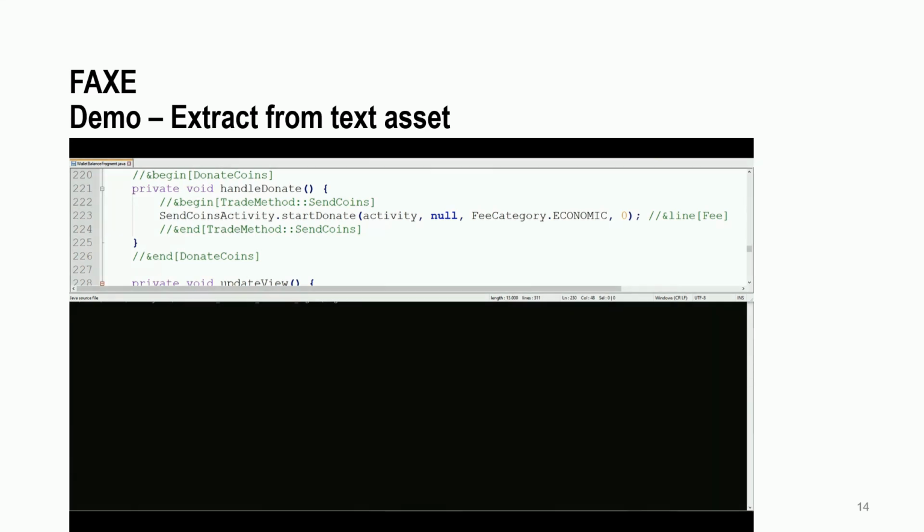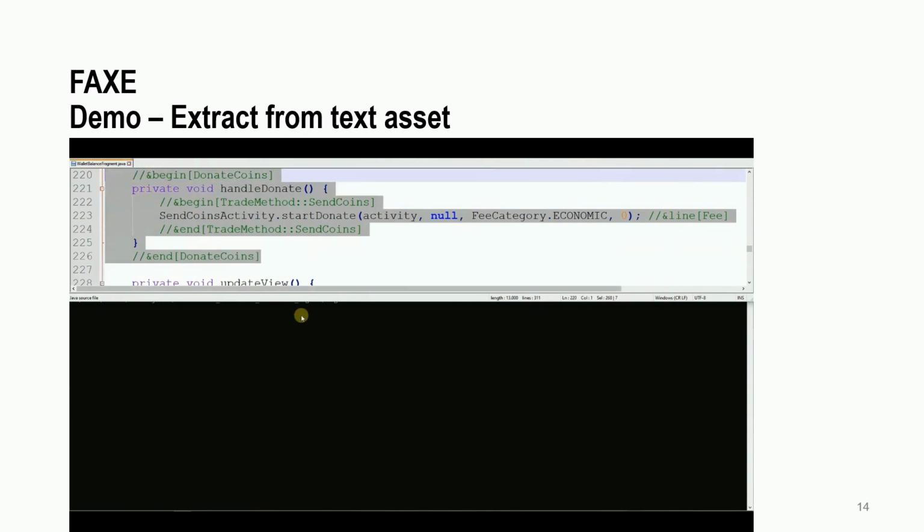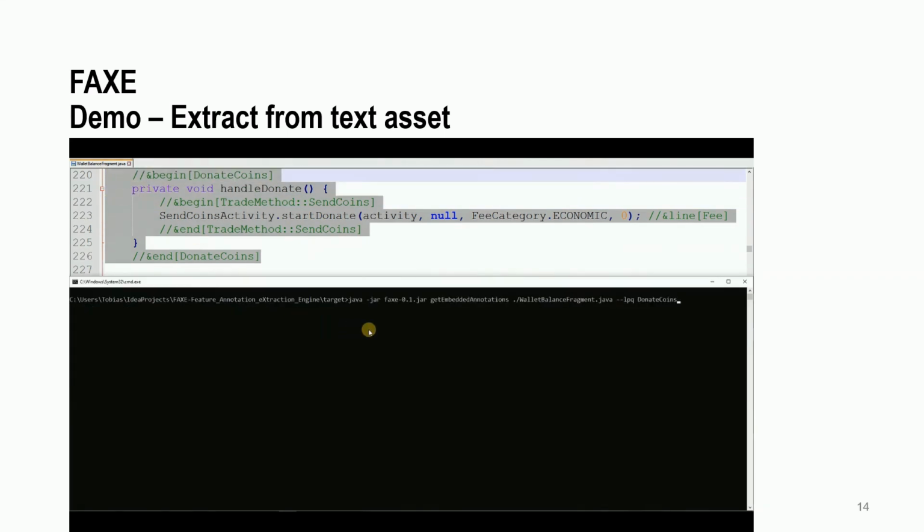For this, we have this example source code with a line annotation surrounded by a fragment annotation, which is again in an inner fragment annotation, and shown on the command line, which has the same interfaces as the API.